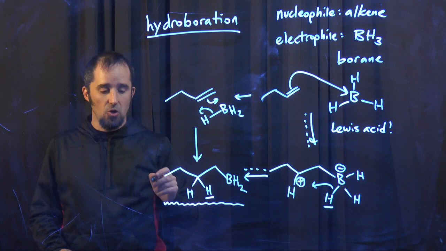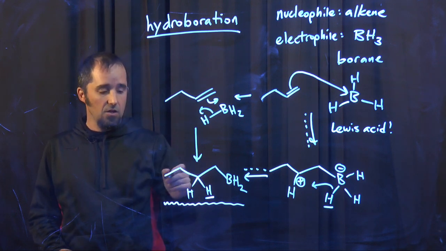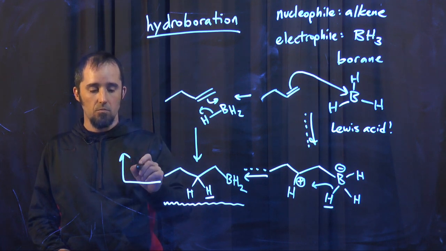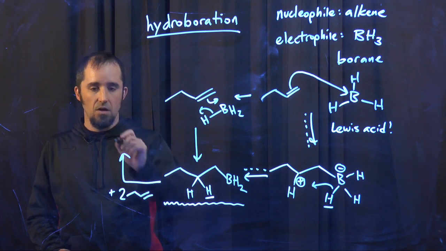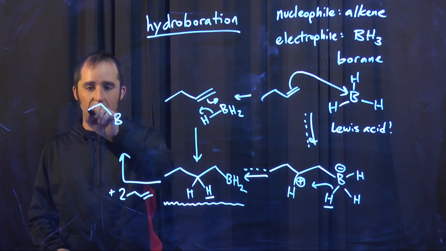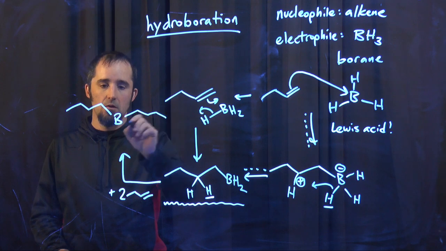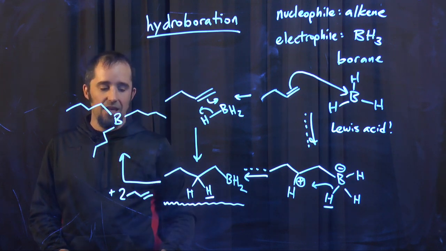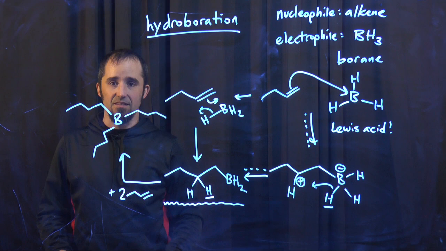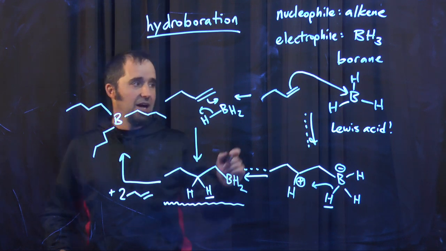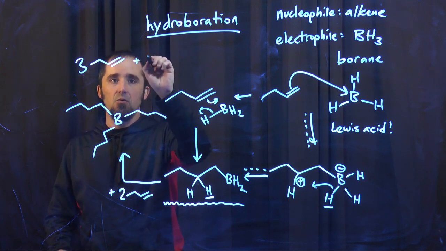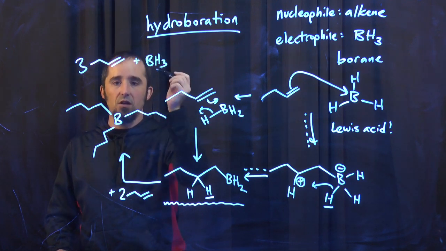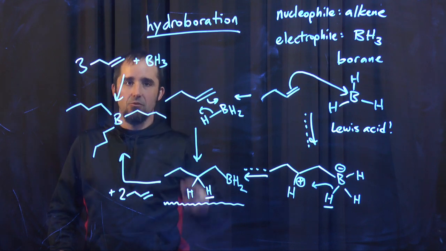And so it'll actually go through this process twice more, until I have alkyl groups hanging off of my borane like this. So again, I've got essentially 3 molecules of alkene plus 1 molecule of borane giving me this.